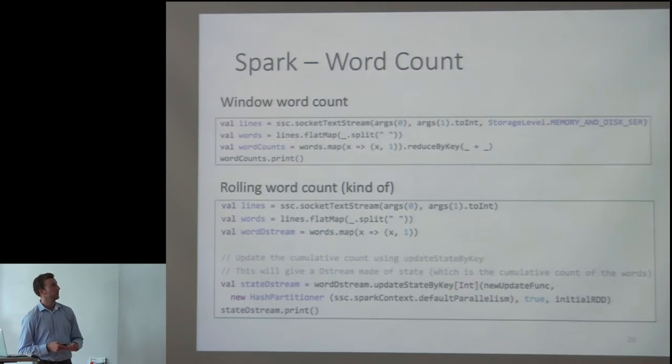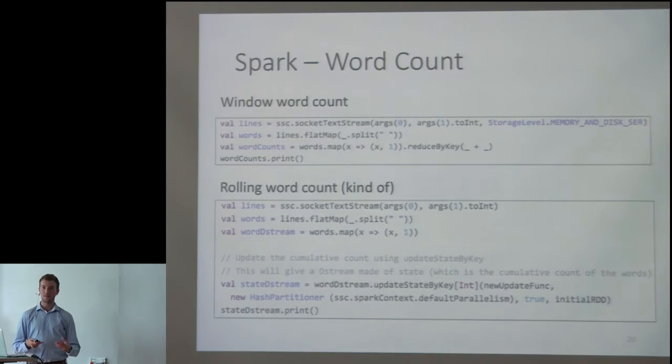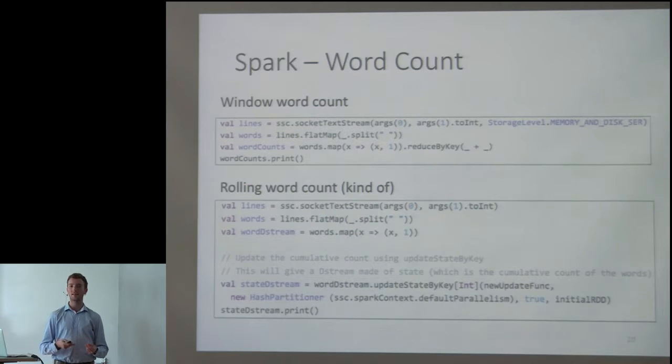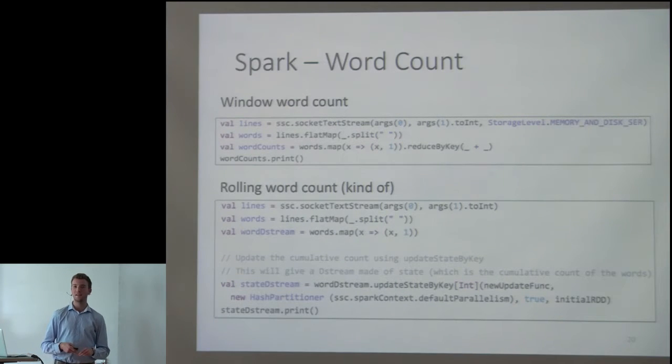If you want to do rolling window count, I'm getting to it. It's right here. So if you want to do rolling word count in Spark, you could definitely get the exact same results as you would get in Flink, but the implementation is rather complicated.